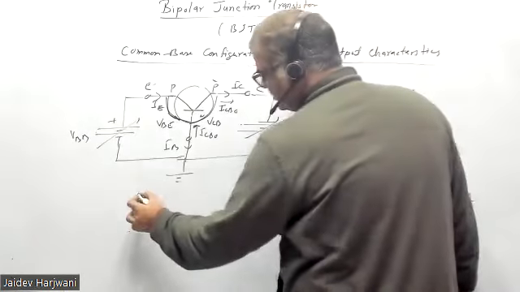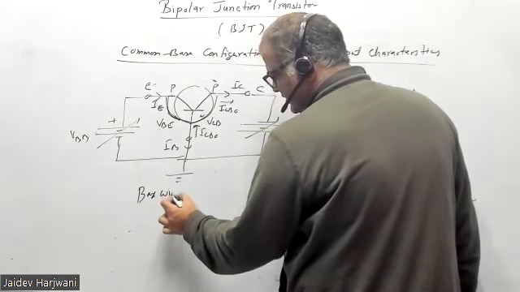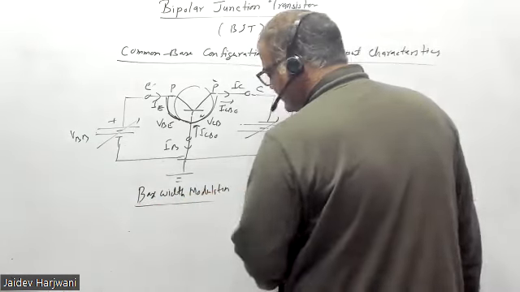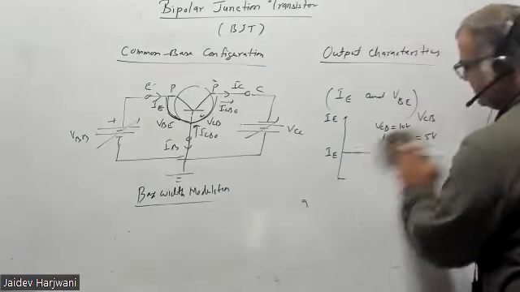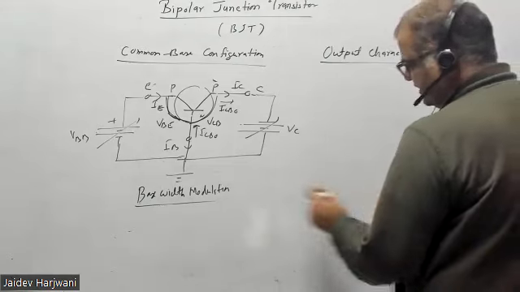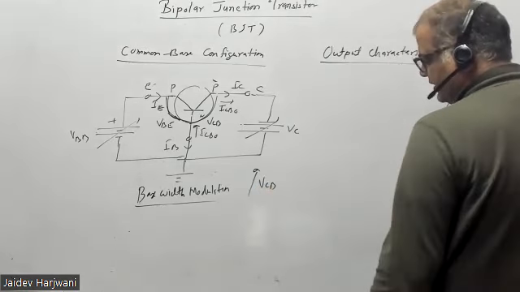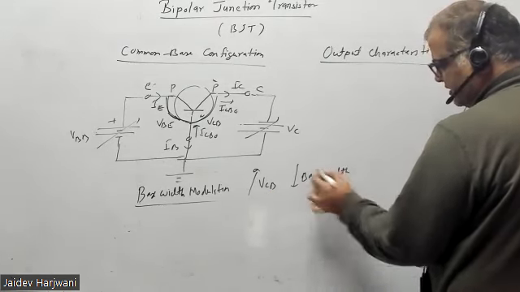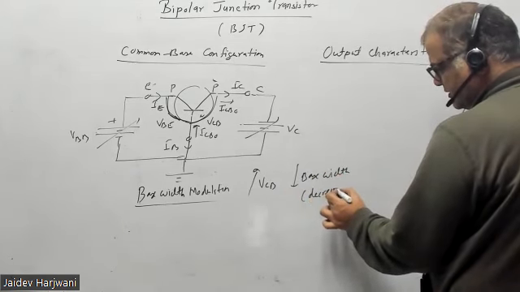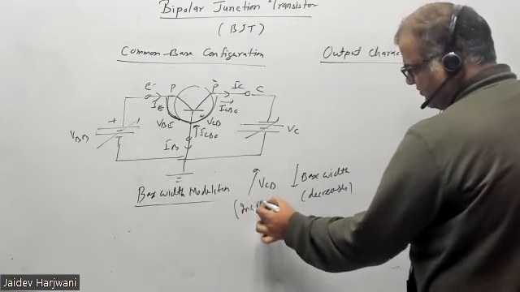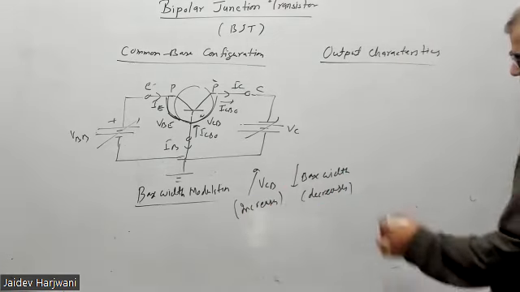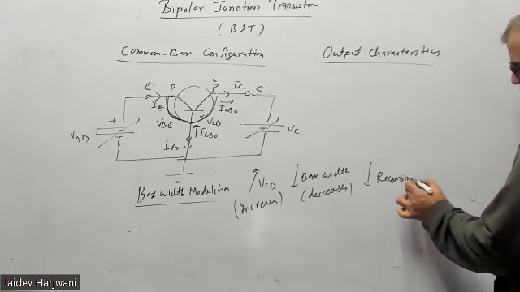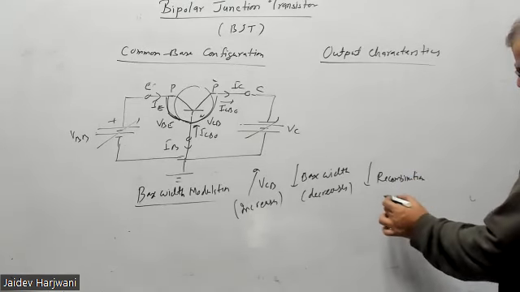What is the meaning of base width modulation? Now for the exam, these are just points to remember, in case a small question comes, though it is not that important for circuits. Base width modulation means if you increase the VCB, base width decreases, that means recombination decreases. Recombination of the holes or electrons that are coming from injection decreases.